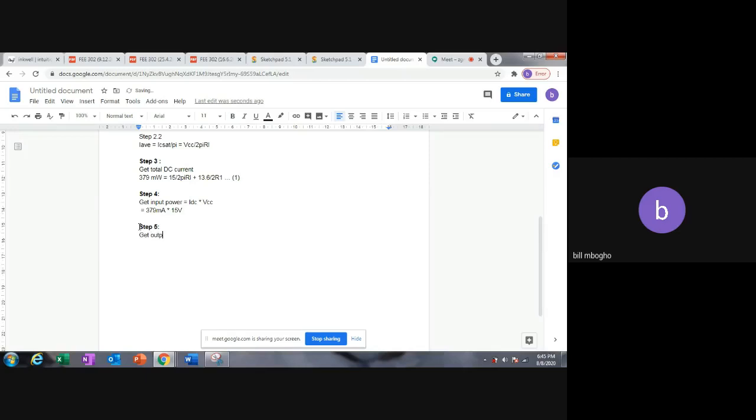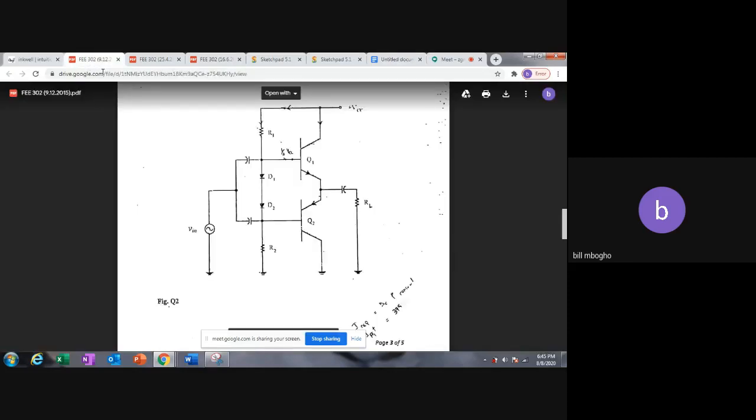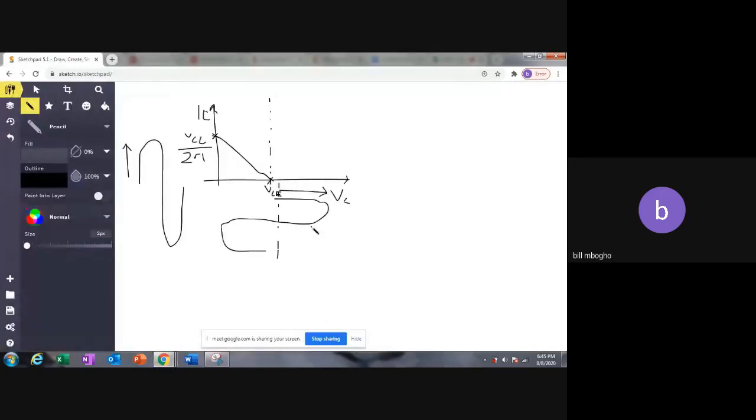And what's this output power? We're looking for the maximum output power so that we can get the efficiency. Yeah, we're looking for the max. And if you can recall from this graph, we know that the formula is VRMS times IRMS.